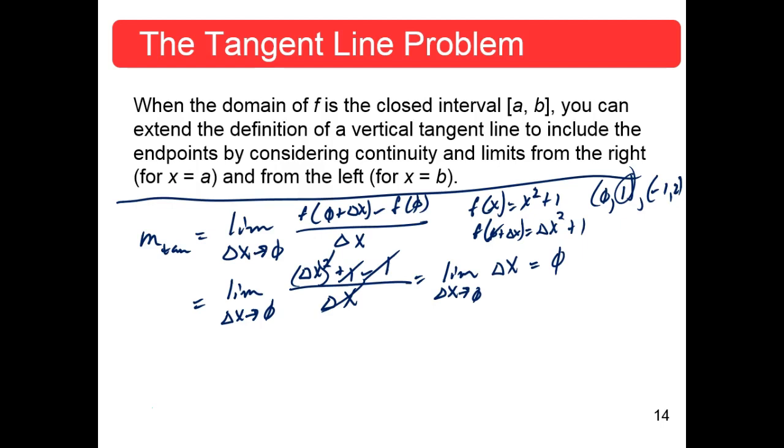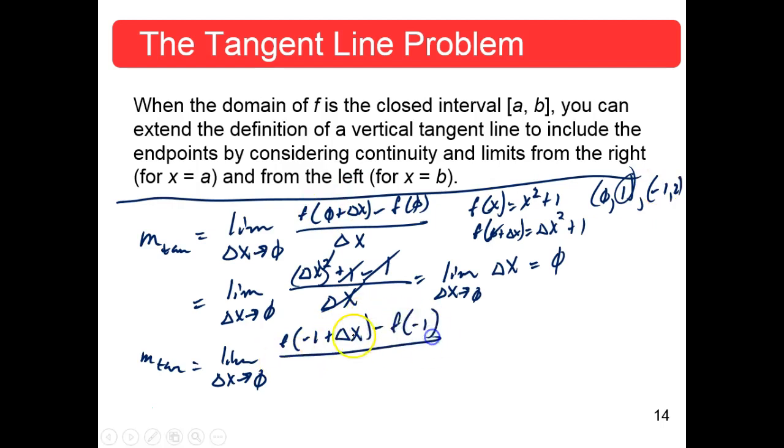And if you did the other one, that would be m, the slope of the tangent line will be the limit as delta x is approaching 0 of f of negative 1 plus delta x. This time your x is negative 1 minus alpha of negative 1 over delta x.